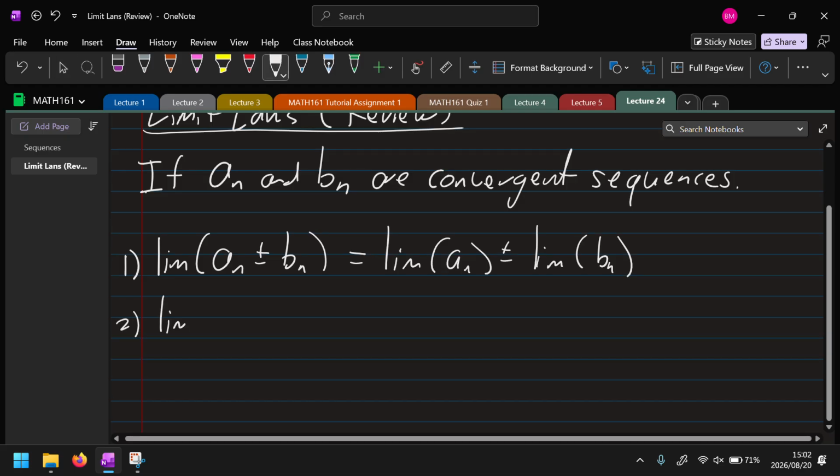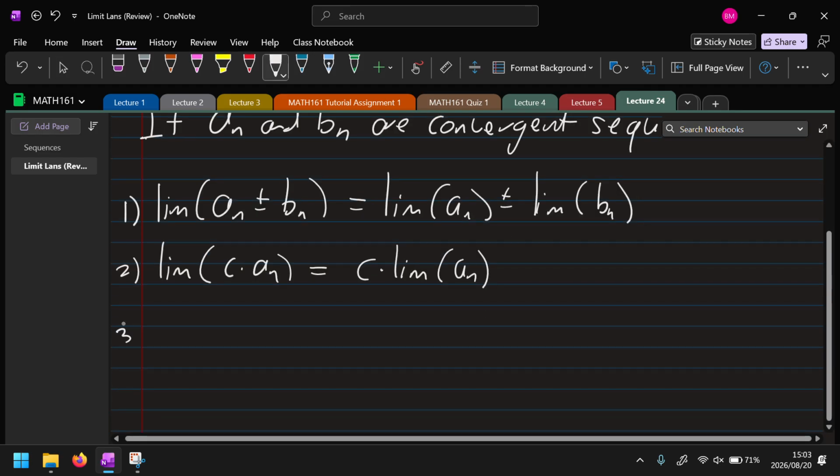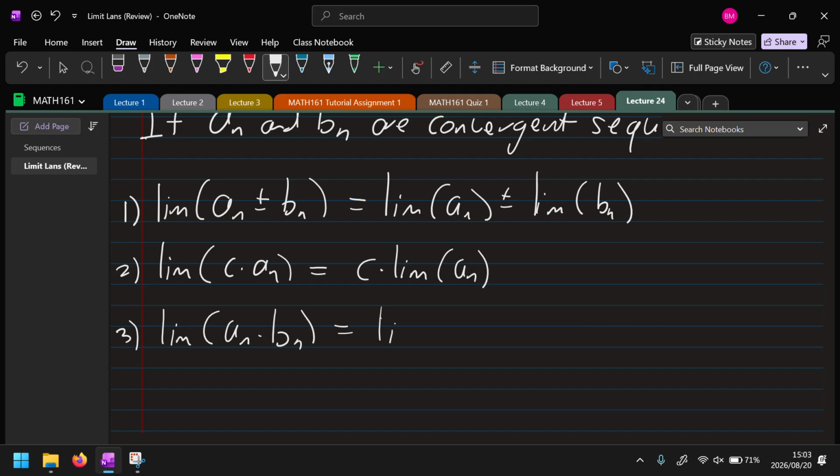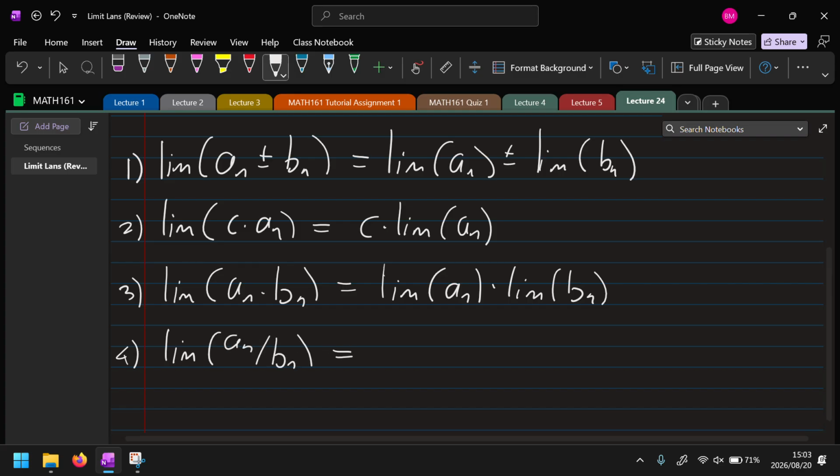Number 2, the limit of some constant times the sequence. This constant can come out. Number 3, we have the limit of a_n times b_n. This becomes the limit of a_n times the limit of b_n. Number 4, we have the limit of a_n divided by b_n. This will be the limit of a_n divided by the limit of b_n.